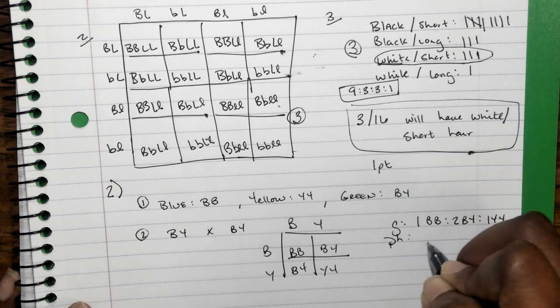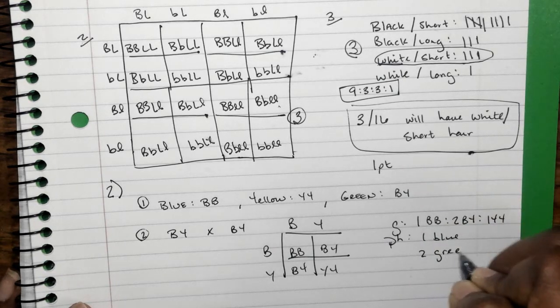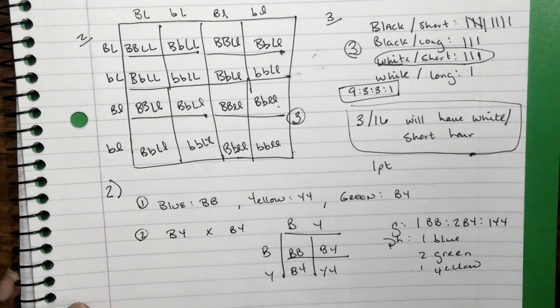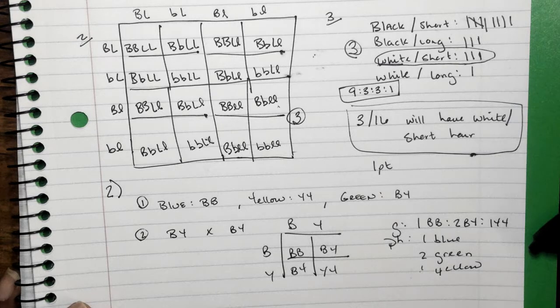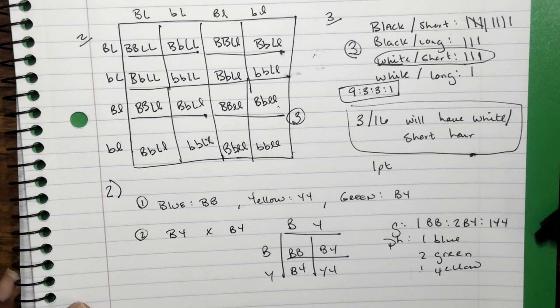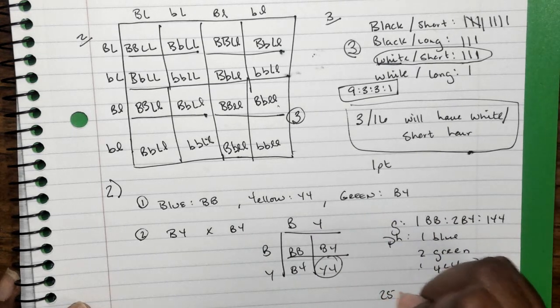The phenotype ratio is 1 blue, 2 green, 1 yellow. And so the question was, what are the chances of getting a yellow offspring? The chances are 1 out of 4, so 25%.